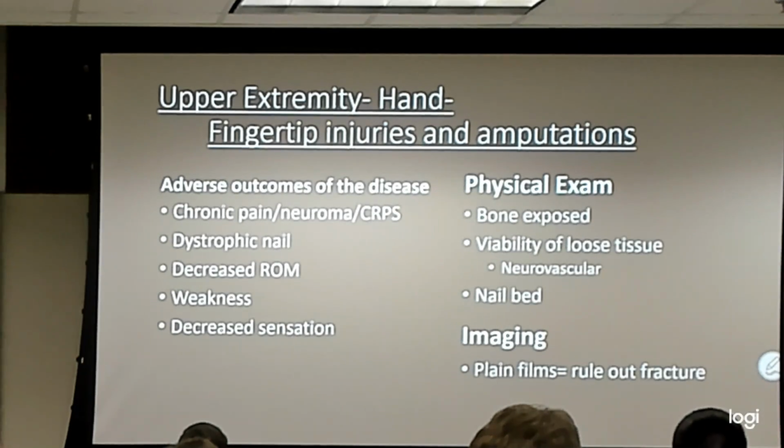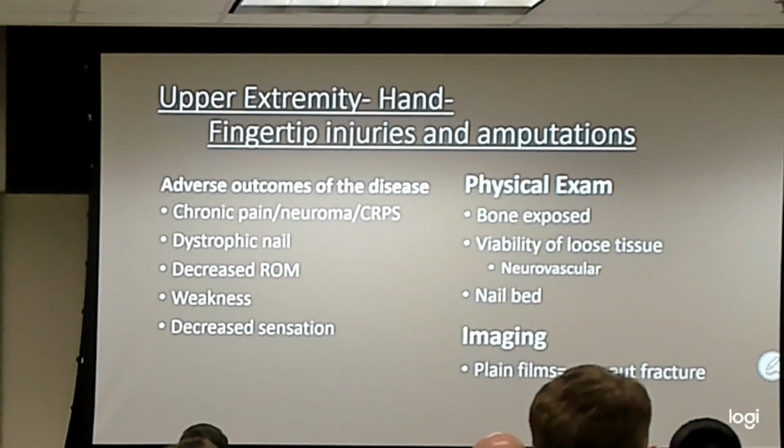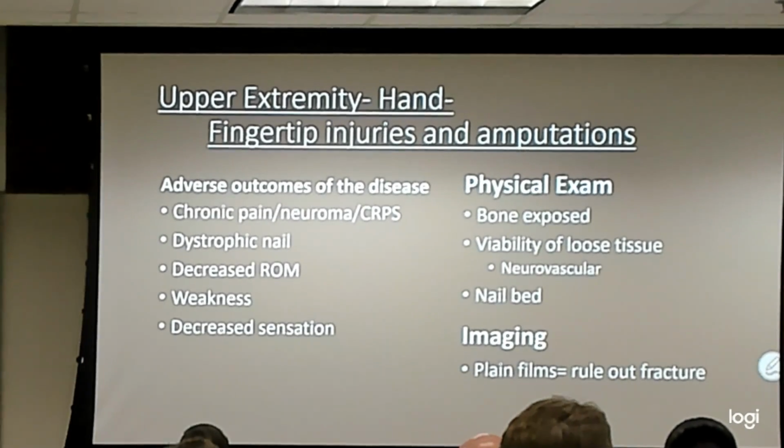You need to check the viability of the loose tissue, particularly neurovascular status. Some of these injuries you look at and you say, there's no way that flap has anything, but it actually can. Because there are so many nerves and so many redundant systems, it can actually have sensation to the flappy bits and also have vascularity to that flappy bit.